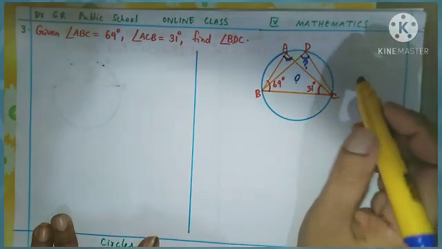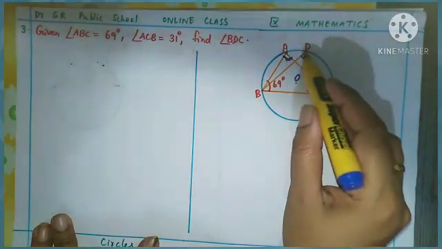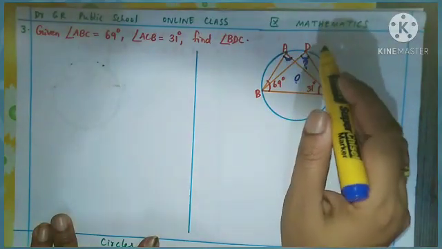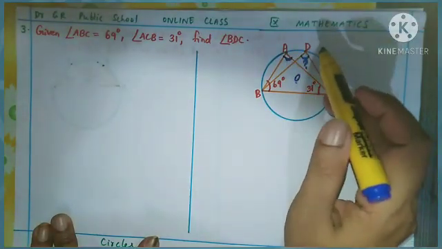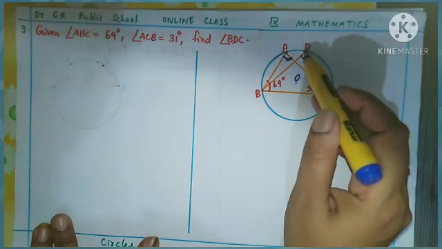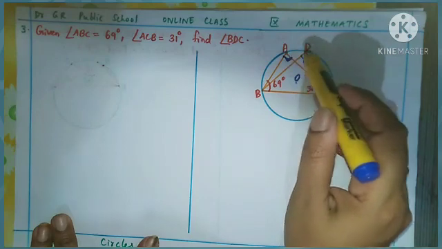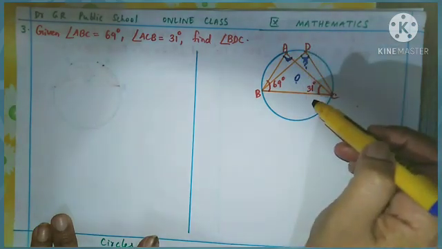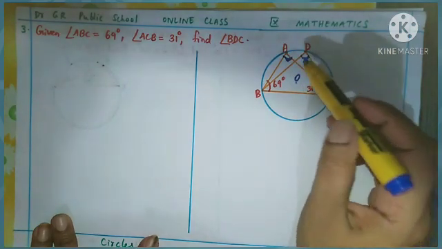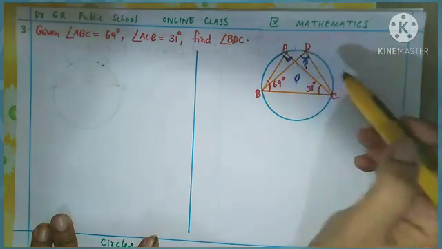Yes, very good. They are equal. So angles on the same segment are equal. We studied this by theorem. So if it is possible to find this A, then that value will be equal to D also. Understood? So how can we find angle A?